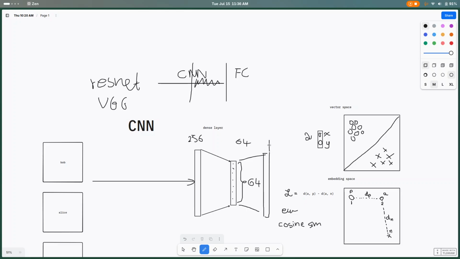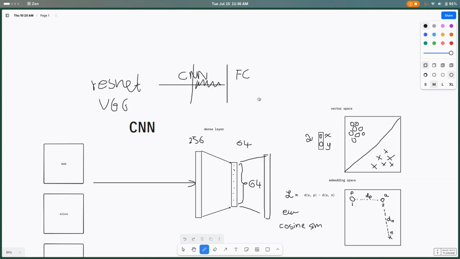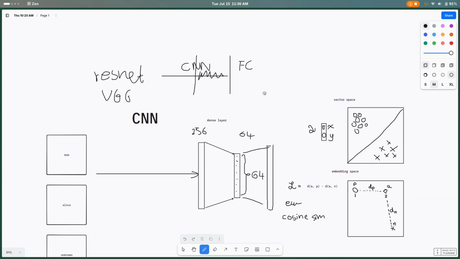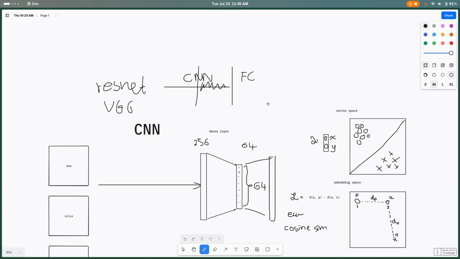But usually at the end we just keep it raw. We keep the transformation linear without any restriction. That's my interpretation, but maybe there's a different thing we can do. So we have the dense layer, then we have the embedding, and that's it.